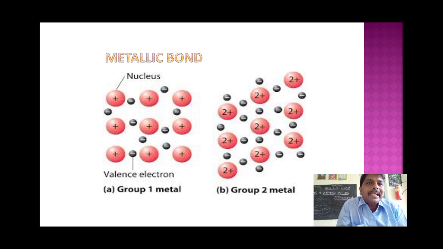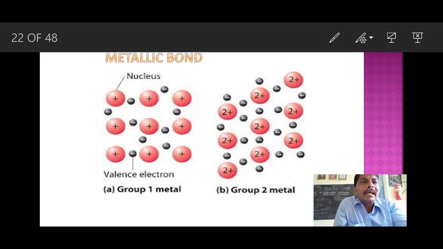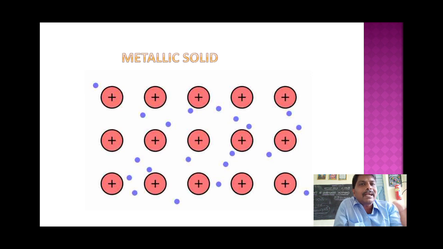So you can see in this picture, the metal after losing electrons carries a positive charge. Those electrons are mentioned with some dots. These dots are called electron gas or electron sea. What about that positive part? Positive part is metal ions. What about the dots? The dots are electrons.